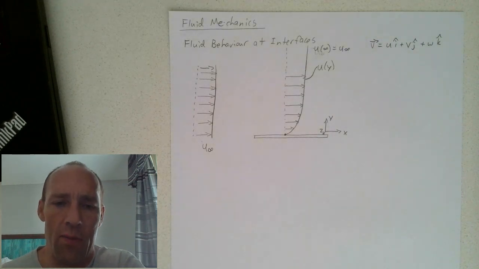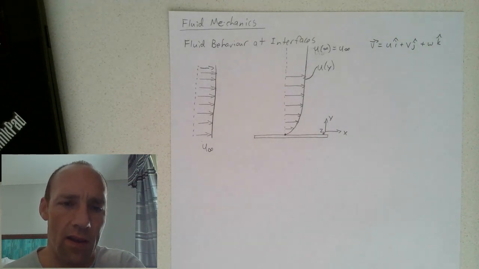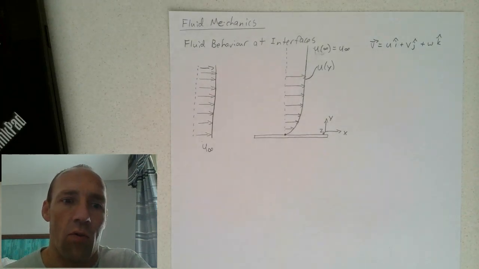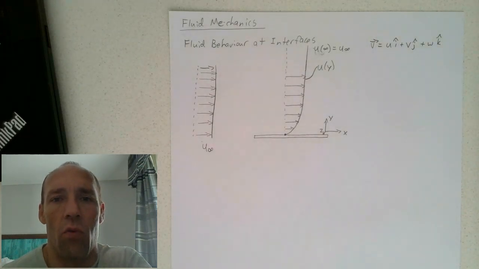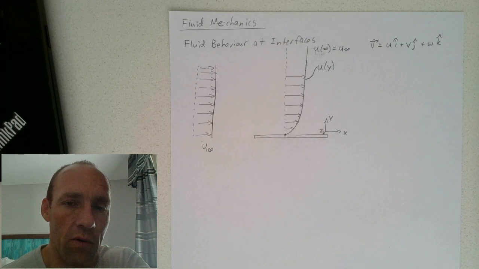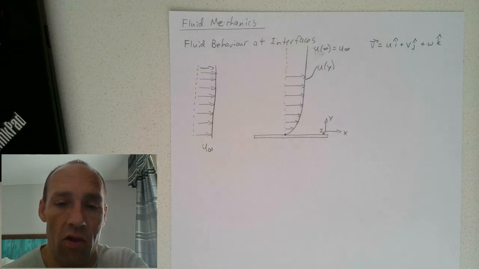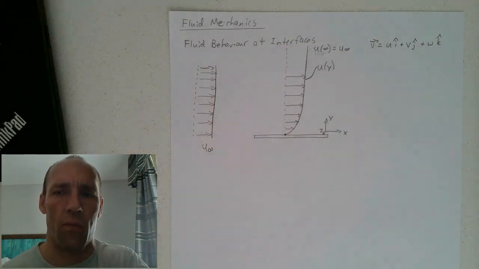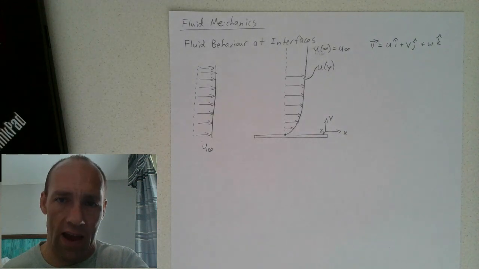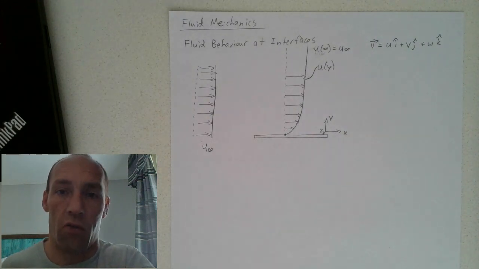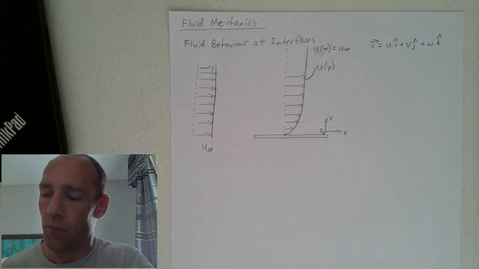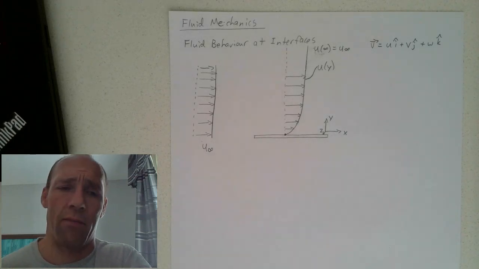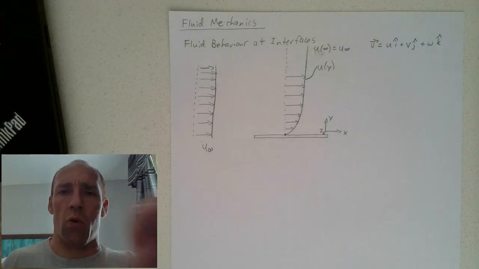We may be interested in how the wind interacts with it, like what sort of loads would the wind impart on our building. And so you'd have to design for that. Your building would have to be able to withstand whatever loading the fluid would impart upon it.